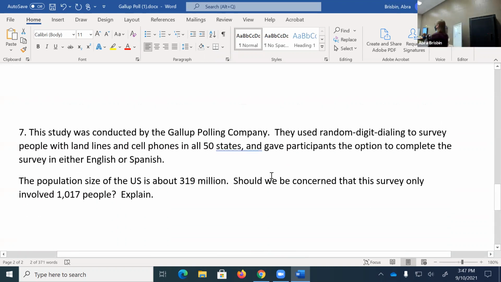The study was conducted by the Gallup Poll company, which is a well-known company that's quite experienced in conducting surveys. They used random digit dialing to survey people with landlines and cell phones. So they dialed digits randomly, which hopefully should get a relatively fair cross-section of people with telephone numbers.